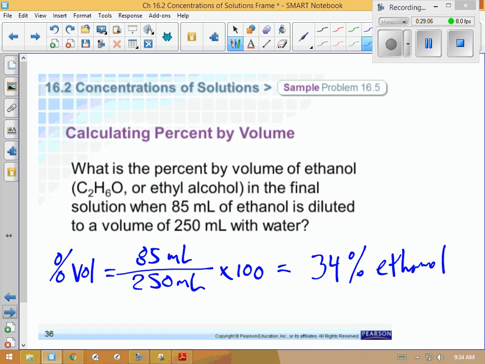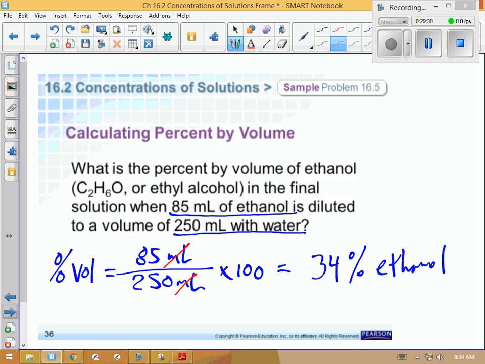It's just percentage. It's the solute, which is ethanol, 85 milliliters, and it's the diluted solution. Here's the one thing you need to be concerned about with these. If they give you two different units, like milliliters of solute over liters of solution, you need to make sure that the units cancel.